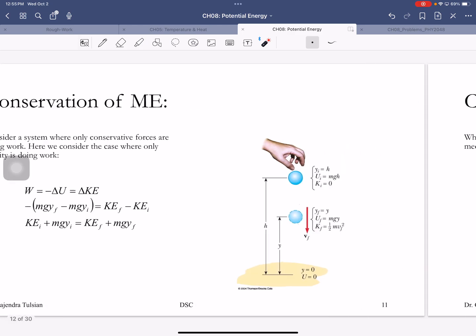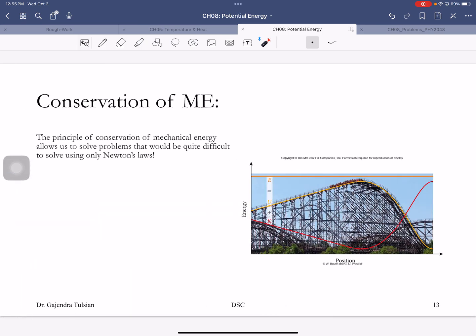Here's another example. If there's no friction on this roller coaster, as the roller coaster rises, its potential energy is increasing and its kinetic energy is decreasing. So as it's rising, it's slowing down. And then as it falls over that, its potential energy decreases and its kinetic energy increases.